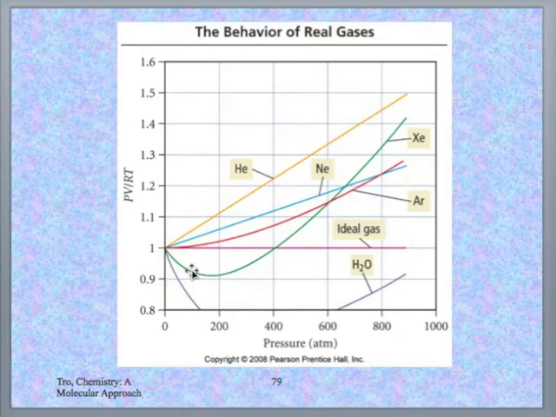Xenon is a noble gas, but it's a heavy noble gas, and it too deviates from ideality at lower pressures. Now, what happens as we increase the pressure? The water begins to swoop up, the xenon certainly begins to swoop up, and most of the other gases that are lighter definitely show deviation from ideality. That's because at these high pressures, you're squeezing the particles really closer together, and their volume is no longer negligible. And that's why these particles deviate from ideality.